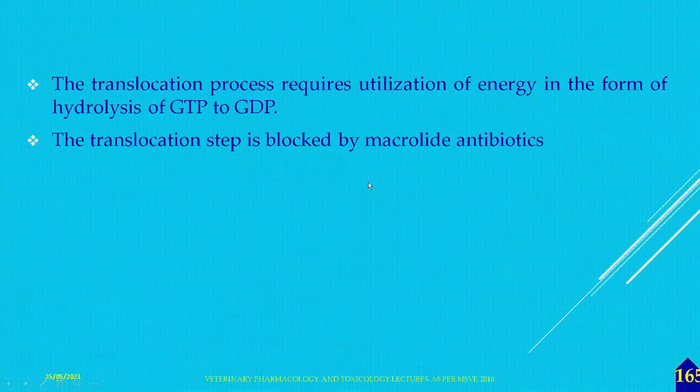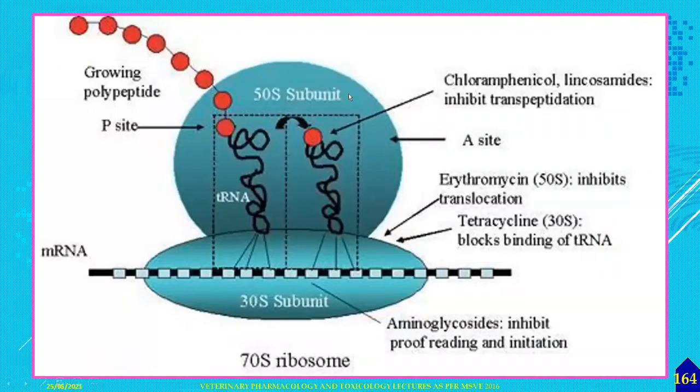The translocation process requires the utilization of energy in the form of the hydrolysis of GTP to GDP, and the translocation step is blocked by the macrolide antibiotics. The translocation step, especially the formation of the polypeptide chain, is inhibited by erythromycin.